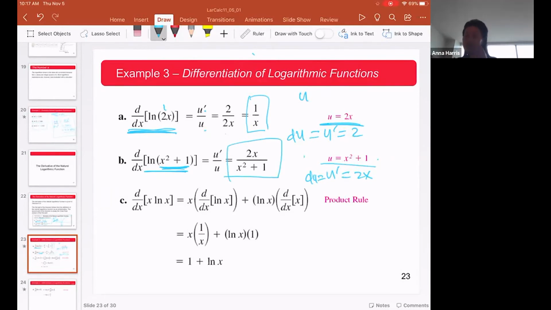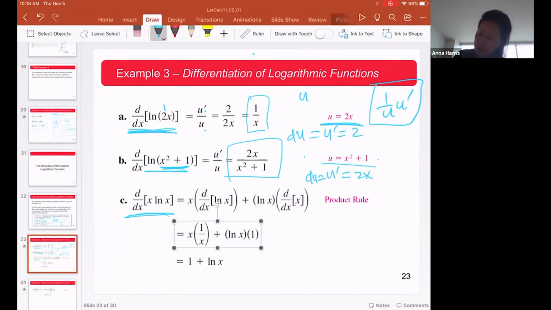So actually, taking derivatives of a natural log is much easier than, I would say, a regular polynomial function, because it's always 1 over u times u prime. That's it. In this case right here, you need to make sure that you separate into 2 terms so it'll be easy on you.